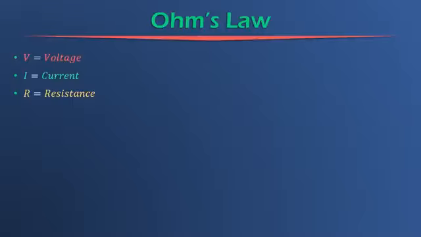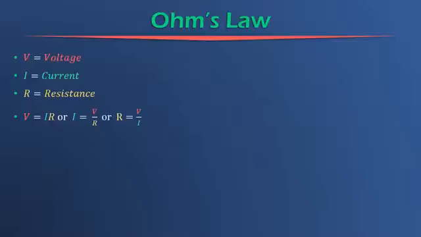Remember, voltage is an across variable, meaning you take the voltage between two points or across some element in the circuit. And I, or current, is a through variable, meaning it's the current through an element. And resistance is simply a constant assigned to a particular resistor.